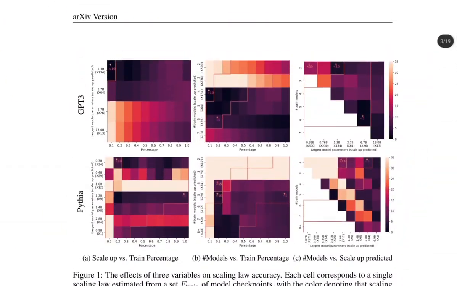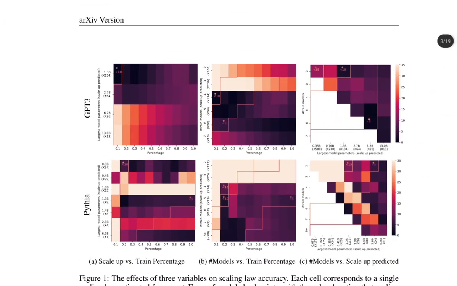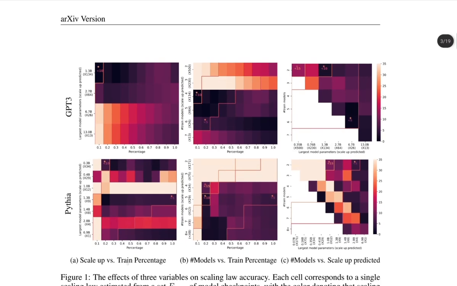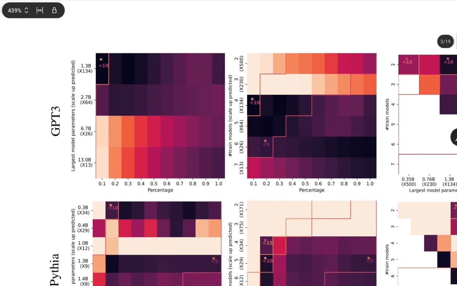Okay, cool. If you see here, scale up versus train percentage, models versus train percentage, and models versus scale up predicted, you will see that for a specific task, you will see some obviously better quality when it comes to smaller models, but overall, you will see that bigger models obviously have a better point there, right?